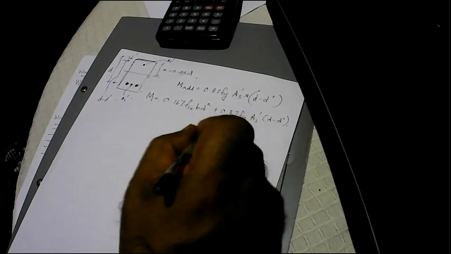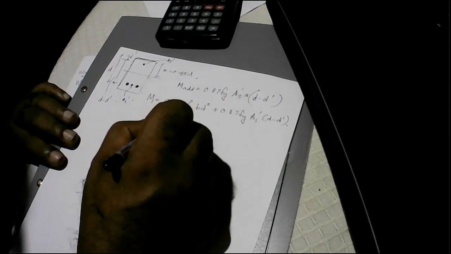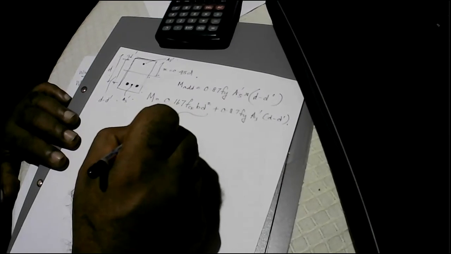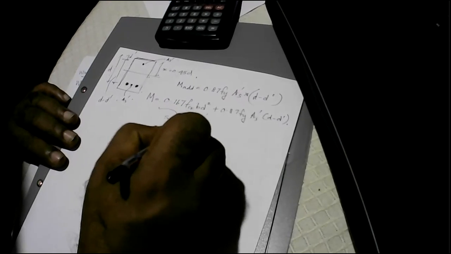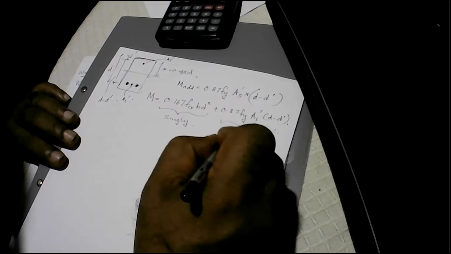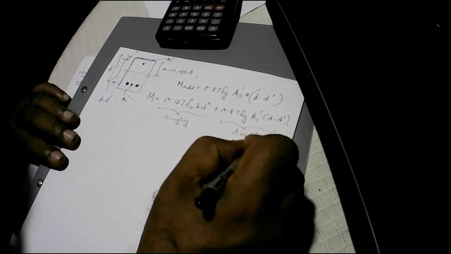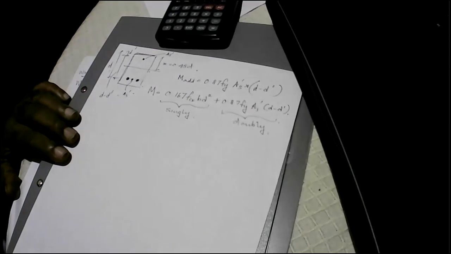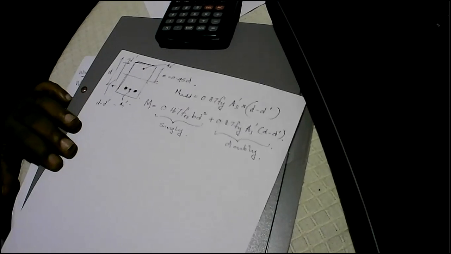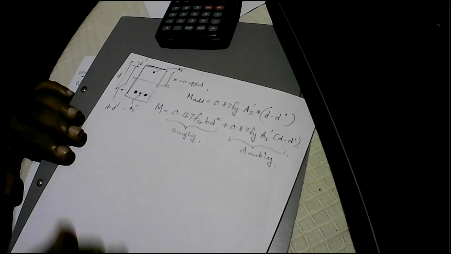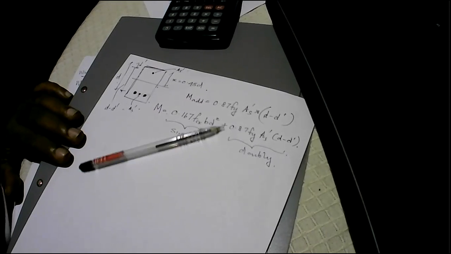So this is the moment, that maximum moment that can be carried as singly reinforced, and this is the extra moment that is carried by the additional steel. So we say the beam is doubly reinforced and the total moment carrying capacity is given by this equation.